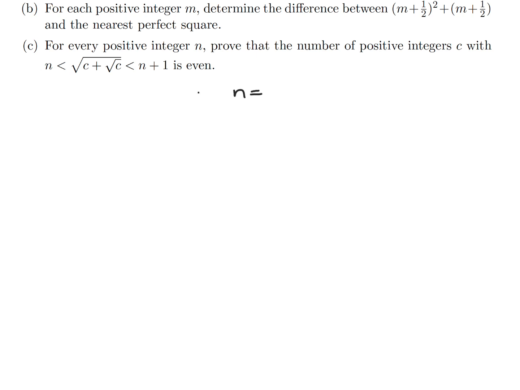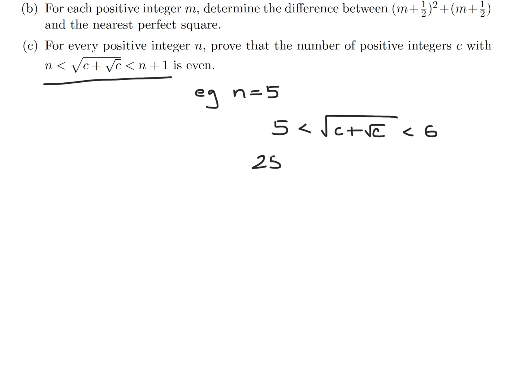Let's say n is equal to 5, and therefore that inequality becomes 5 is less than the square root of c plus root c, less than 5 plus 1, which is 6. If we square both sides, it would be c plus root c, and this would be 36 and 25 on opposite ends. So they're saying, for what values of c is this going to be true?